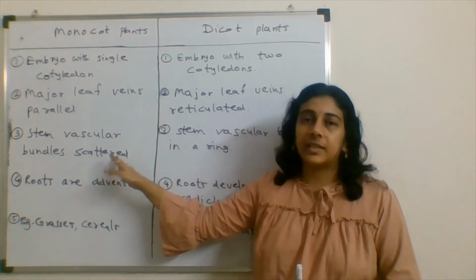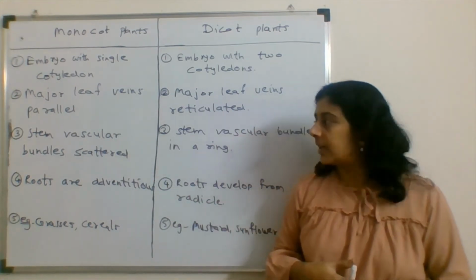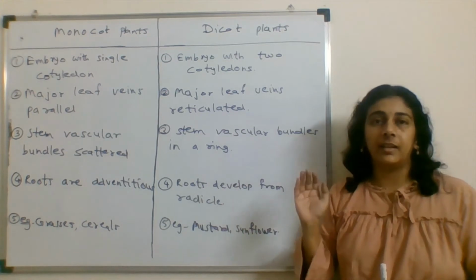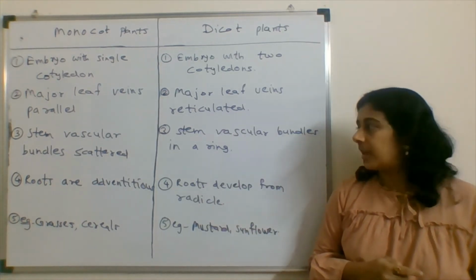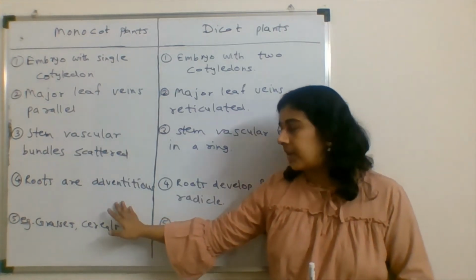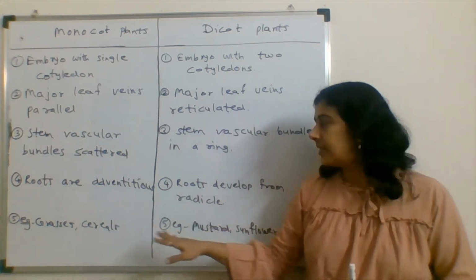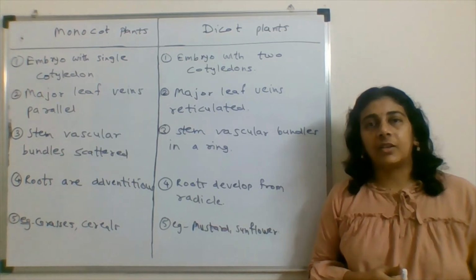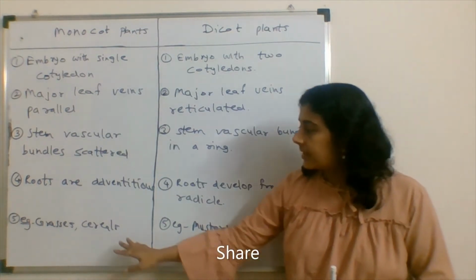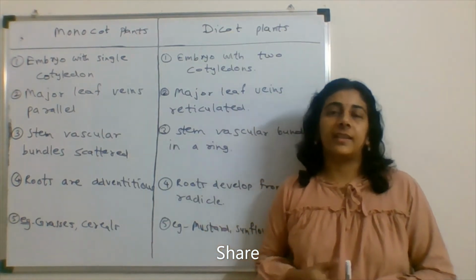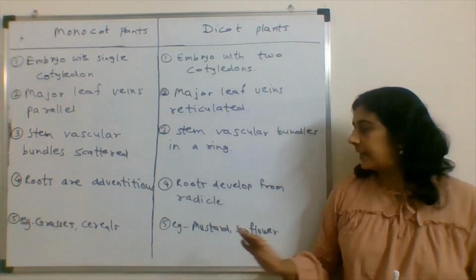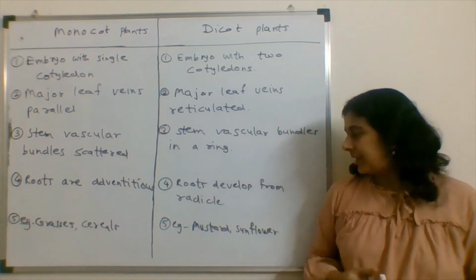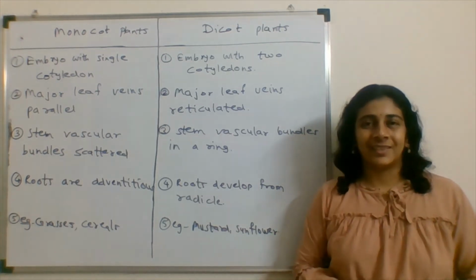Stem vascular bundles are scattered in monocot plants and arranged in a ring in dicot plants. Roots are adventitious in monocot plants, and roots develop from the radicle in dicot plants. Examples of monocots are cereals and grasses, and dicot examples are mustard and sunflower.